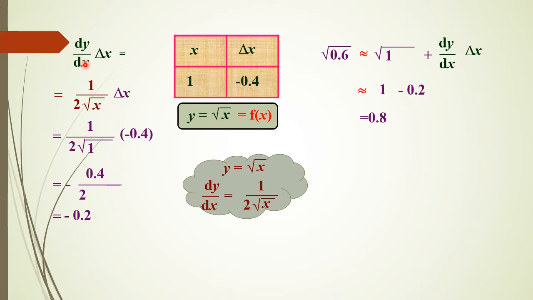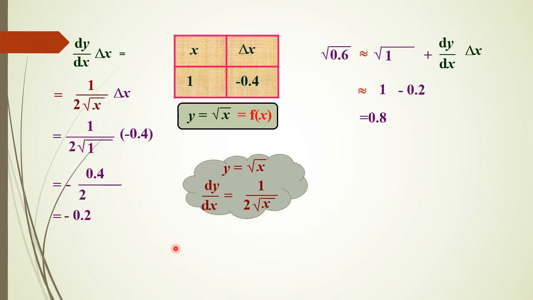You find the value of dy by dx: y equal to root x, its differentiation dy by dx is 1 divided by 2 root x. Same terms are written here. We know the values of x as well as delta x, substitute here, simplify, and you'll get this much.